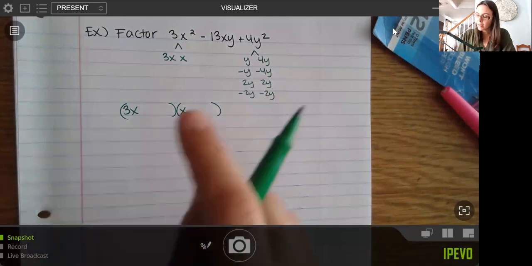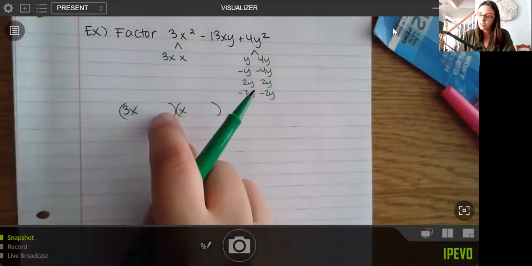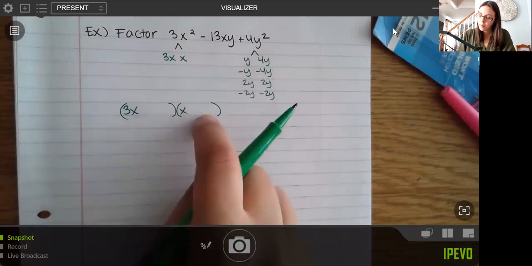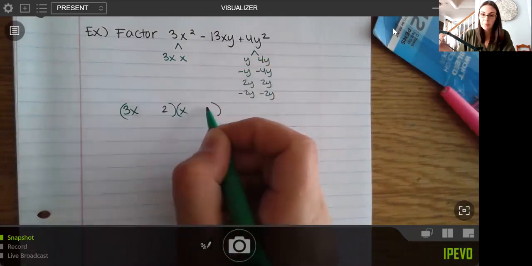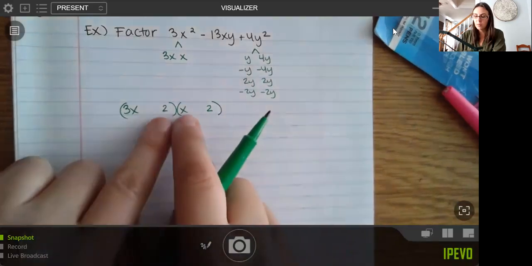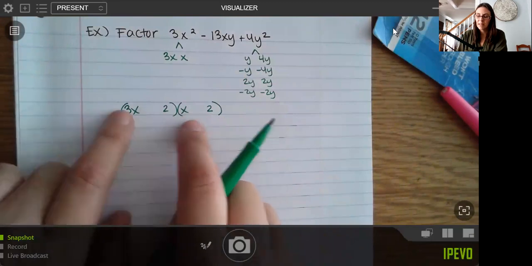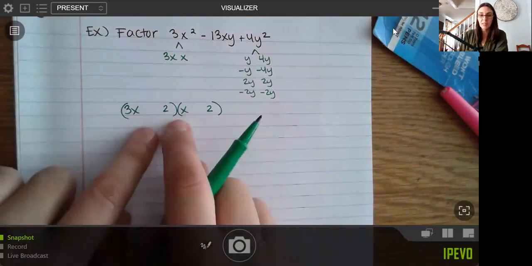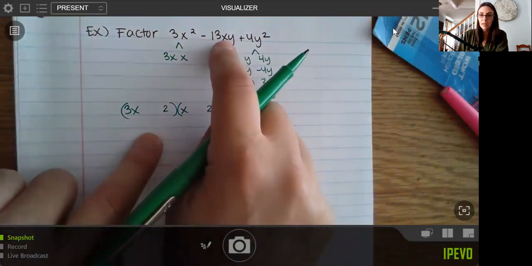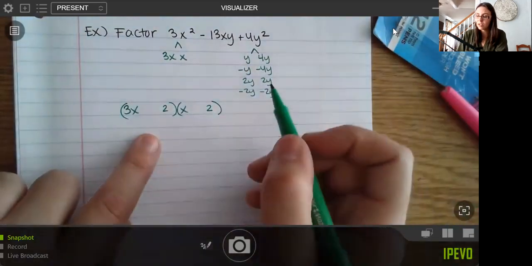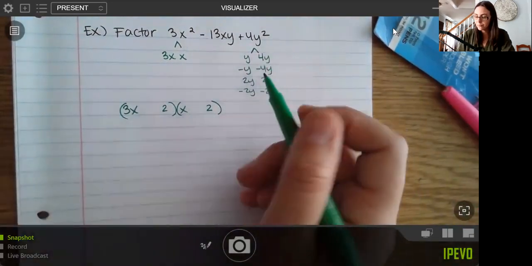For me, if I look at those 2's and 2's, I think about putting in 2's here. So if I put in a 2 here and a 2 here, I'm mentally thinking, okay, well, I would get a 2 in the middle and a 6 here. Well, 2 and 6 is 8, or if I subtract them, it's 4. I don't think I'm going to get the 13. So I'm thinking I should start with the 1 and the 4 combination.